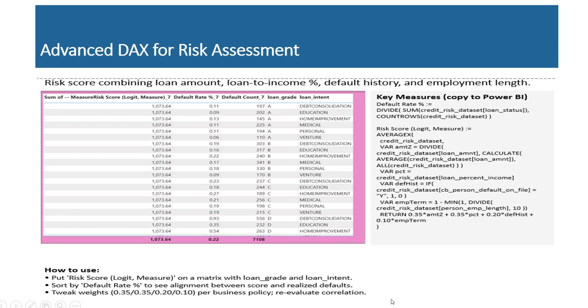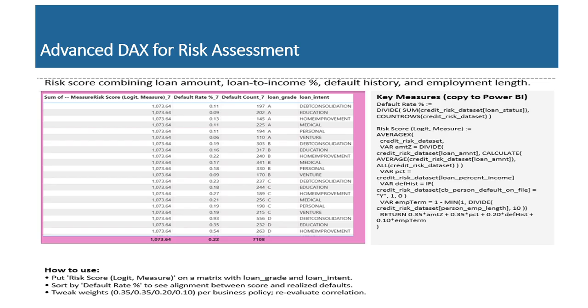While creating a new variable, this is the data table name and then the loan to income ratio.